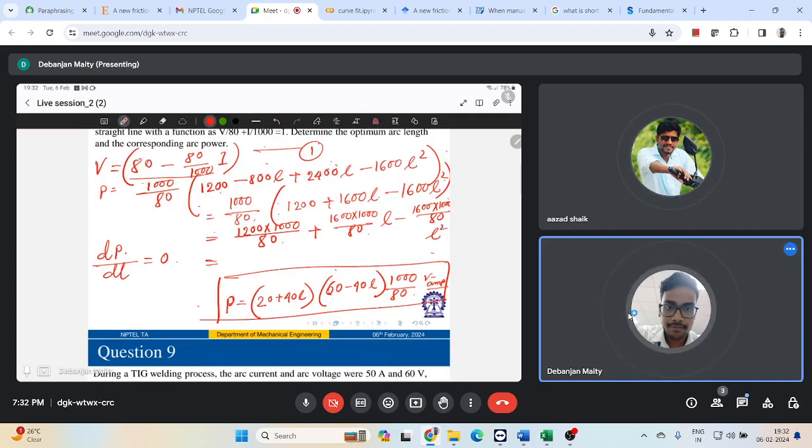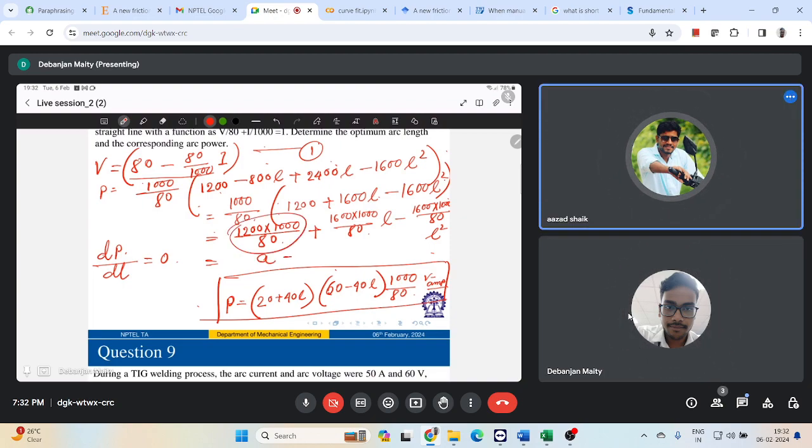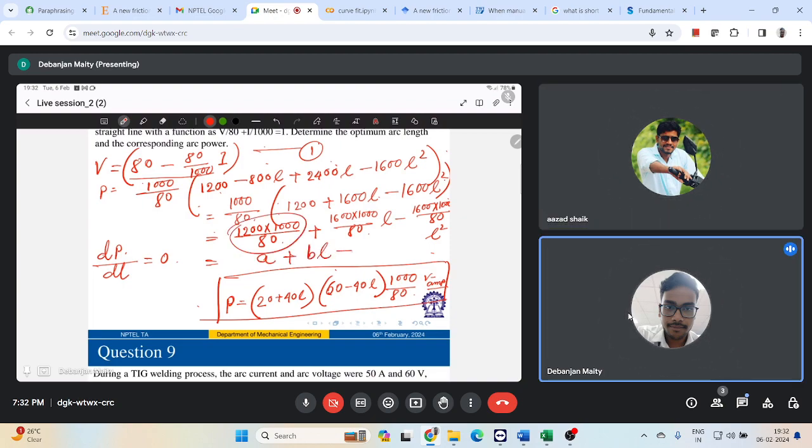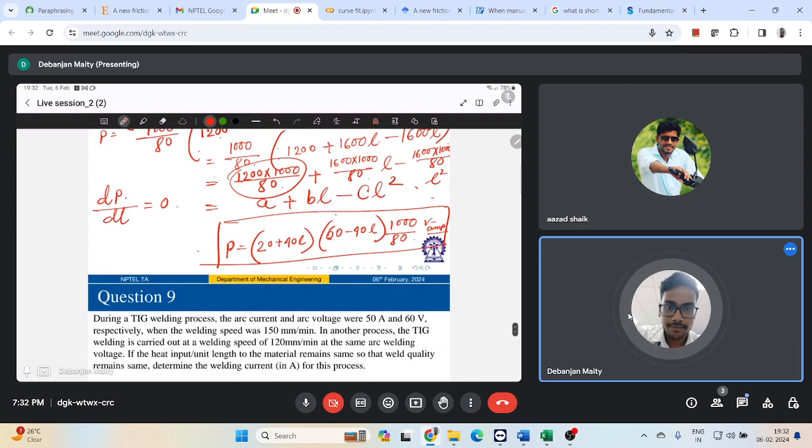So you have, let's say, this one is A plus BL minus CL square. So your dP/dL will be B minus 2CL. As this is constant, the derivative with respect to L will be 0.